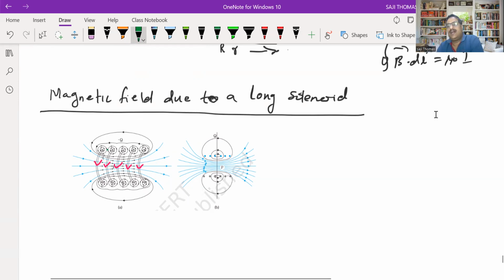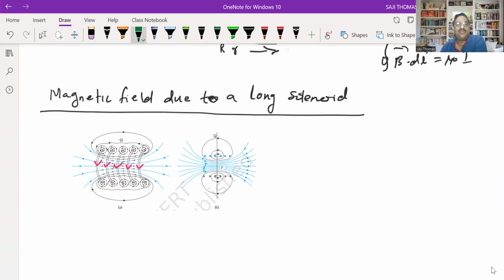Now let us apply Ampere's circuital law and calculate the magnetic field due to the solenoid. You see the top part of the solenoid: through each circular turn, current is coming out of the plane of the paper. That is why dots are marked there. In the lower part, current is moving into the plane of the paper, so it is represented by a cross mark.